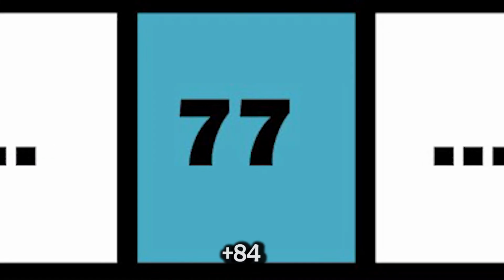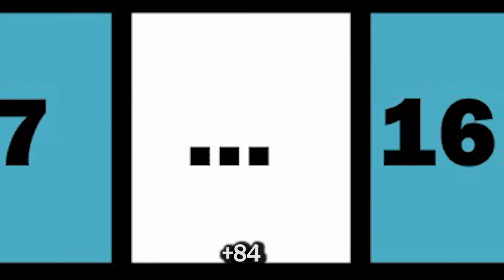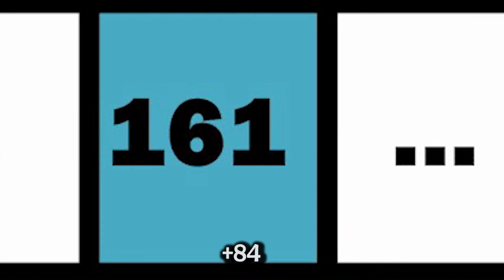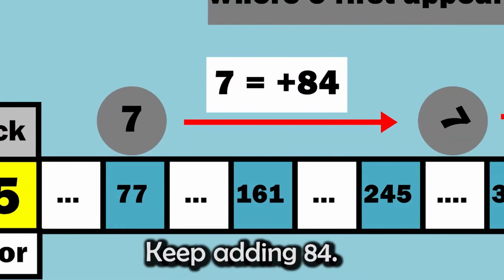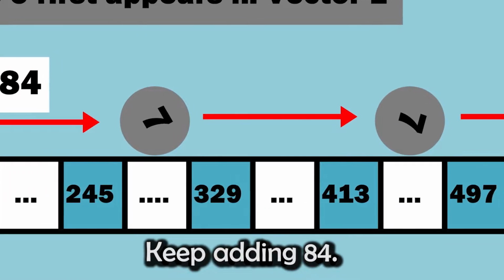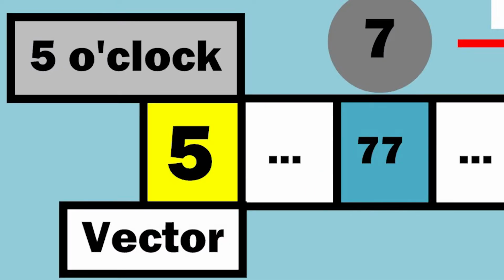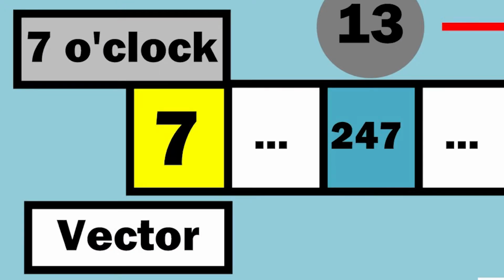So we will add 84 to 77 and get to the very next composite, which is 161. We add 84 to 161 and we arrive at the very next composite, 245. We keep doing this and we will arrive at all of the composites related to the prime number 7 at 5 o'clock.